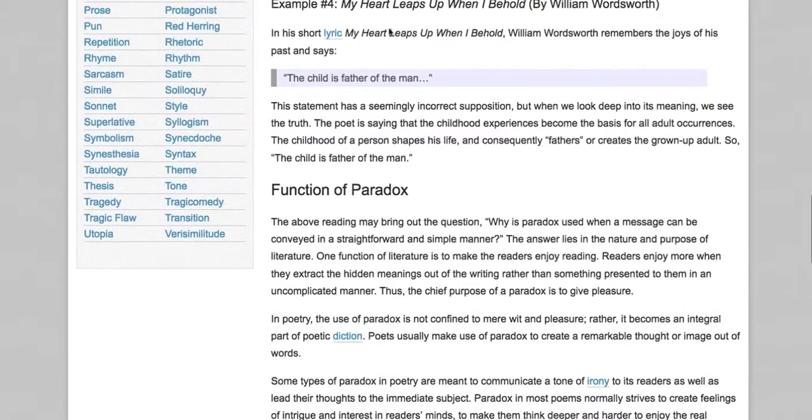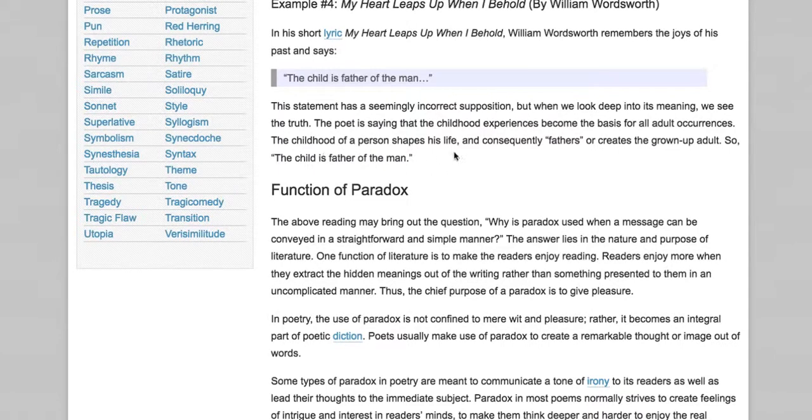Here's another one from "My Heart Leaps Up When I Behold" by William Wordsworth. He says, "The child is father of the man." Again, it doesn't seem to make sense at first, but looking deeper, the poet is saying that childhood experiences become the basis for all adult occurrences.